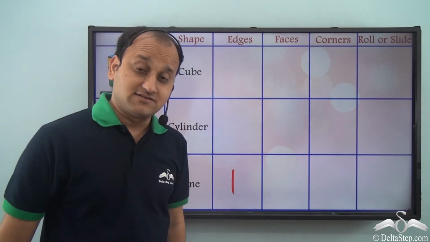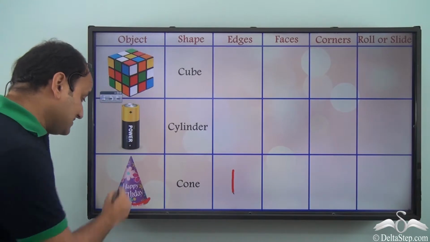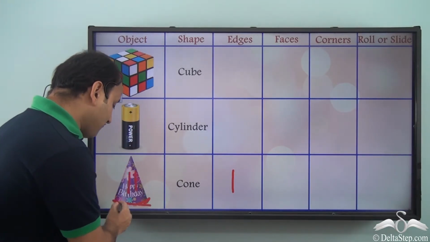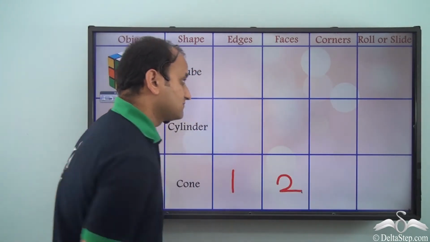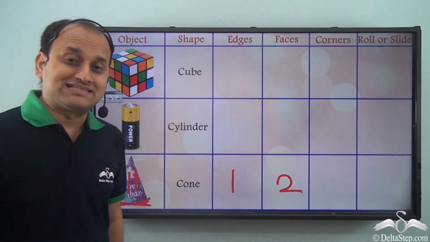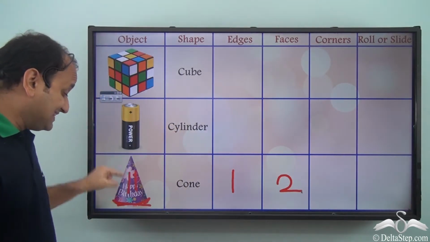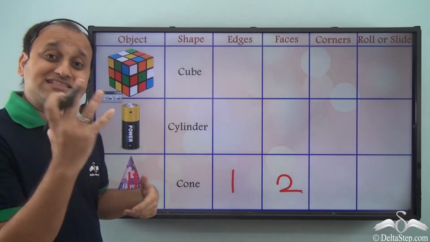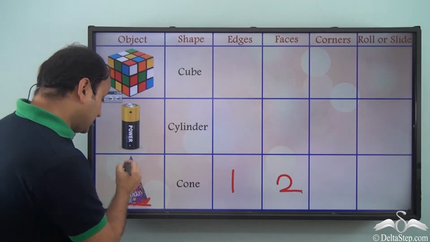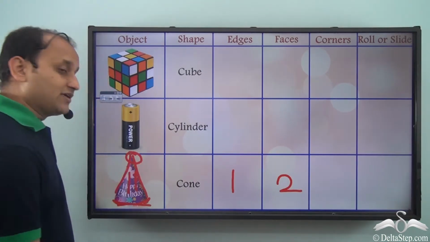What about faces? Well, faces we have 2. So this curved face and the flat bottom. So we have 2 faces. And what about corners? Well, we have 1 corner. So in this case, because cone is shaped in such a way that the curved surface tapers and makes a corner here.